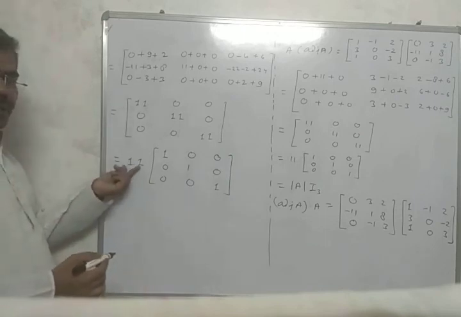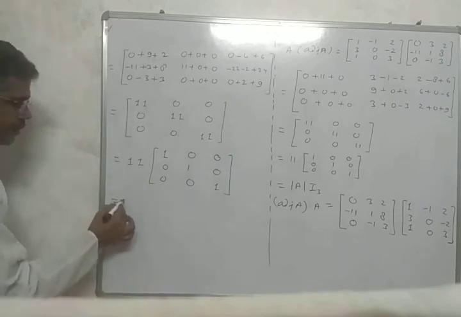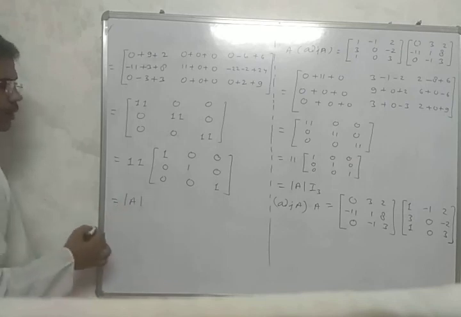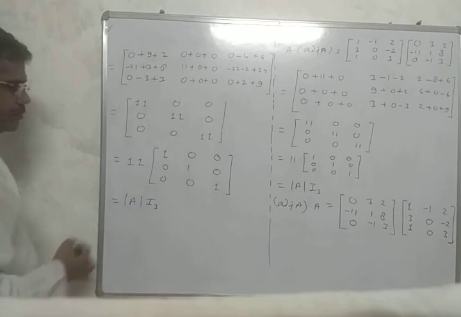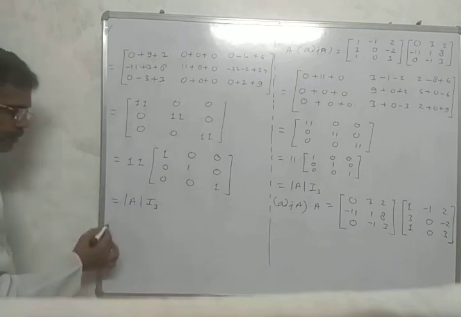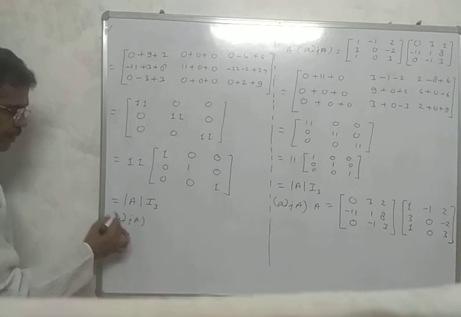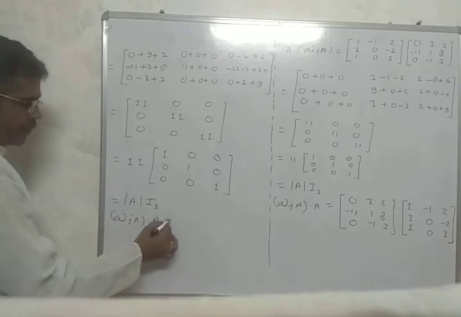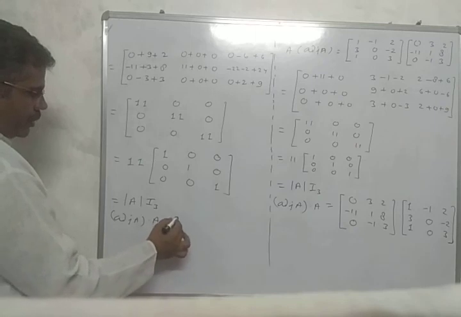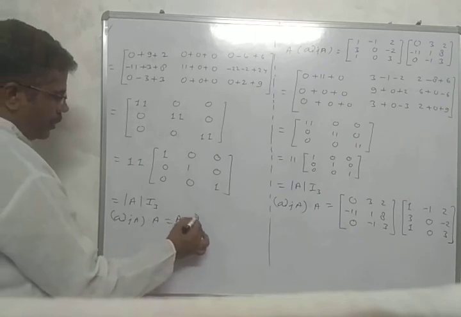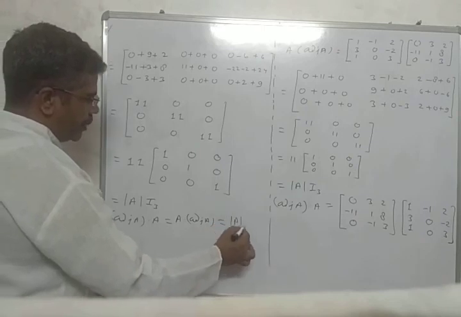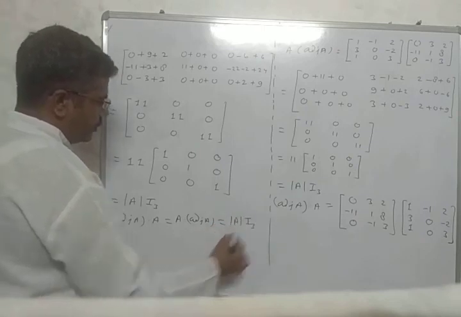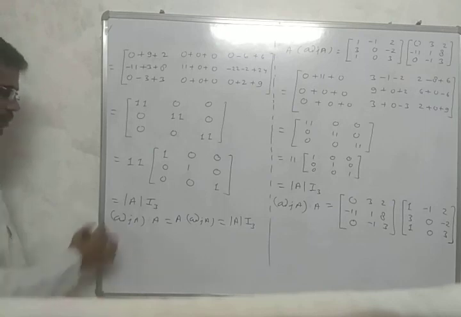It is the value of the determinant, and it is the 3 order unit matrix. So we prove that adjoint of A into A equals A into adjoint of A equals the value of determinant into unit matrix. Hence proved.